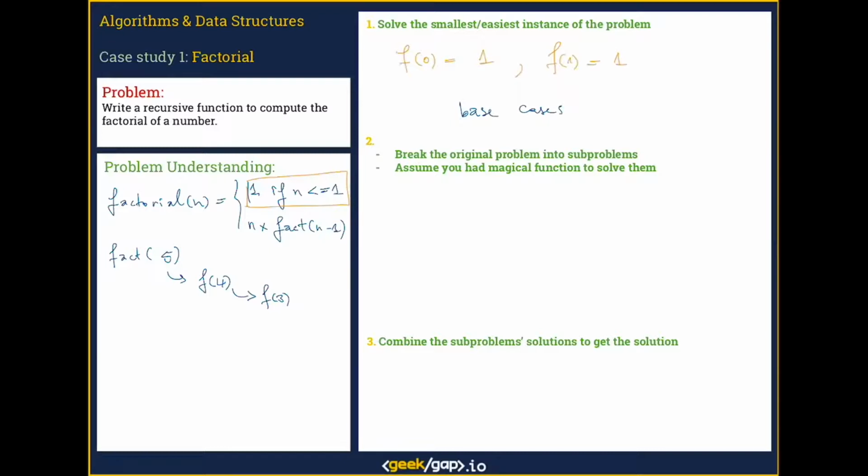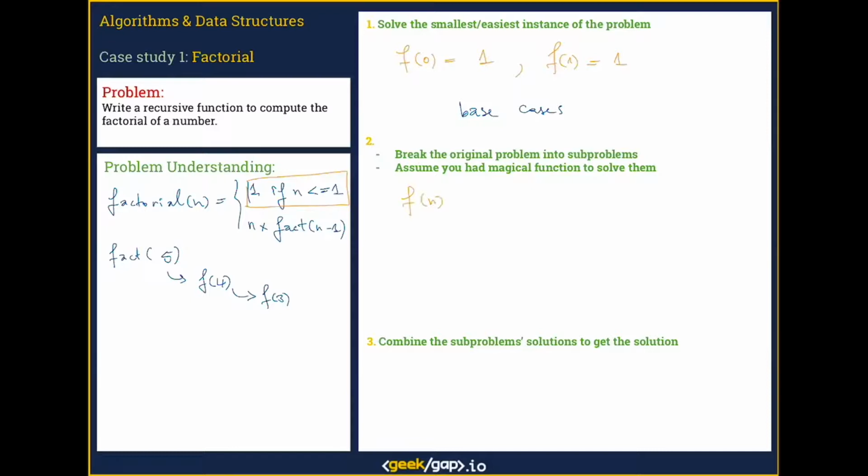Now we break the problem into sub-problems. How do we do this? Well, the definition of the problem is already giving us what we have to do, but in subsequent case studies, it won't be the case. So here we have factorial of n.